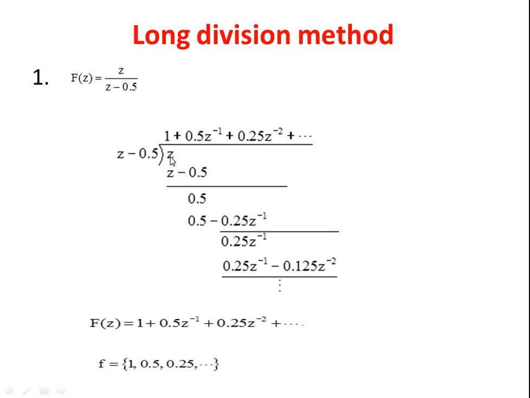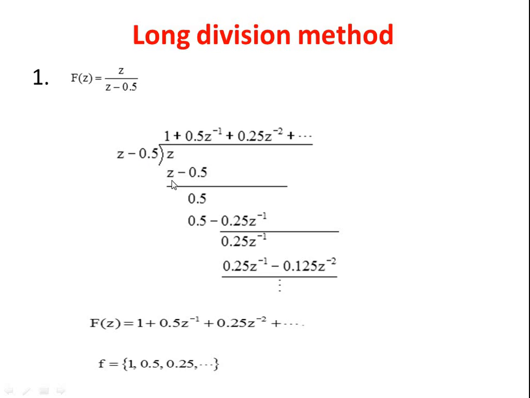Here the dividend is z and the divisor is z minus 0.5. Now we are going to bring this to 0, it means we are going to make the remainder 0. So the quotient will be 1. If we multiply the divisor by 1, we can bring this to 0, right?